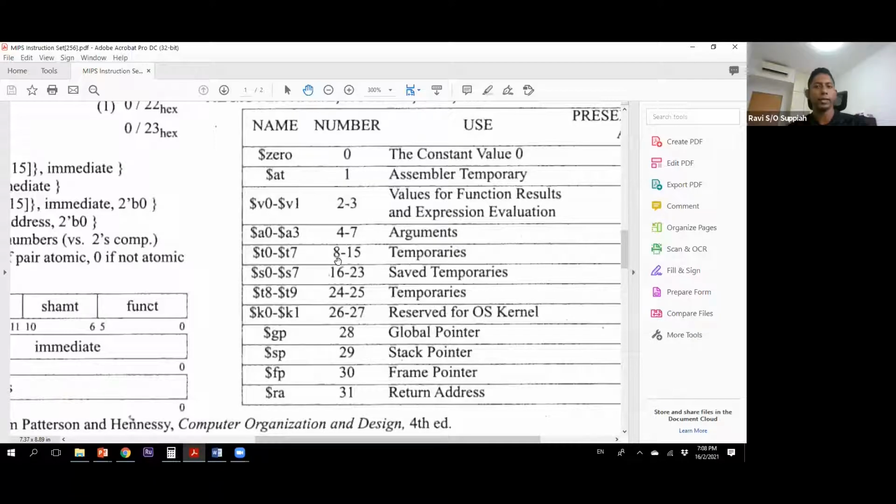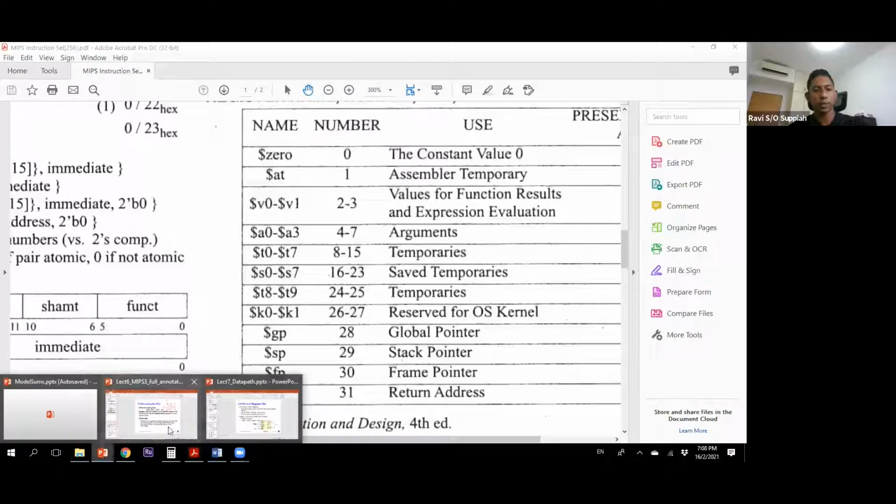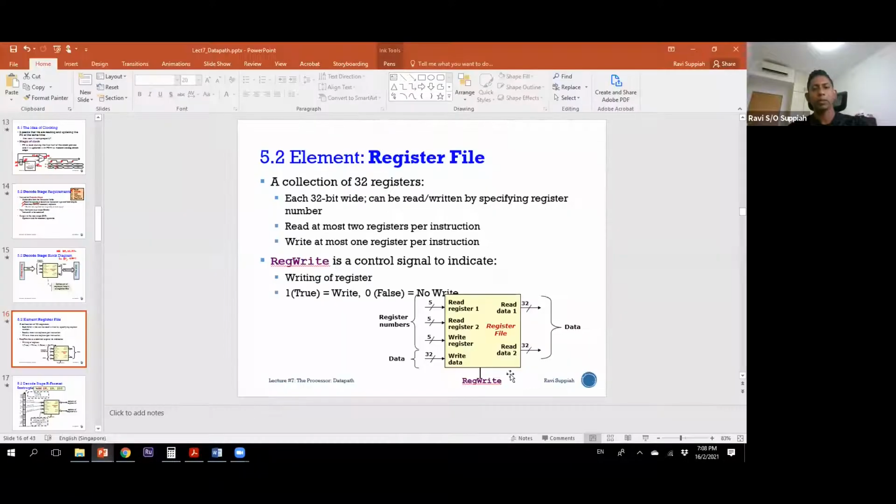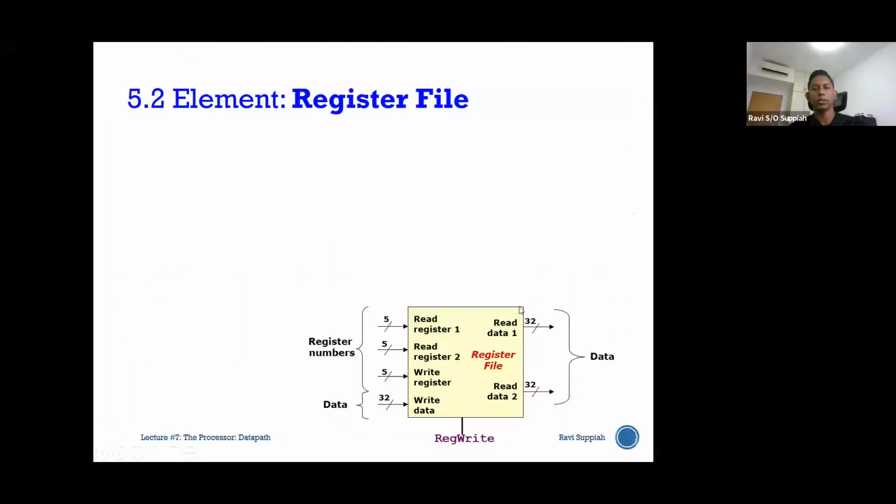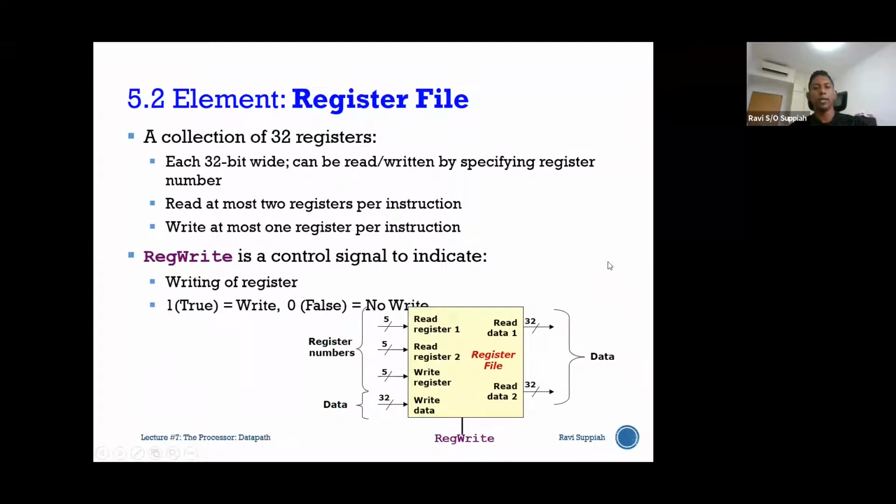In your code, you can either use the numbers or the names. Either way, it is the same. Inside your MIPS processor, I must be able to access all these 32 registers. So that is where the register file comes in. It's just a collection of all the 32 registers.